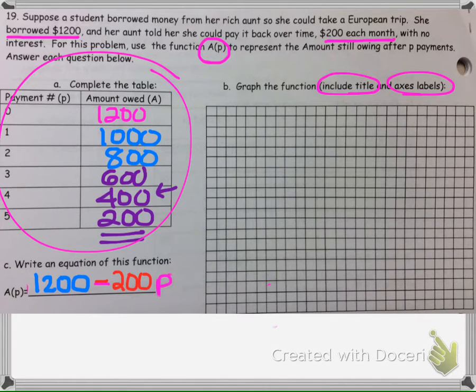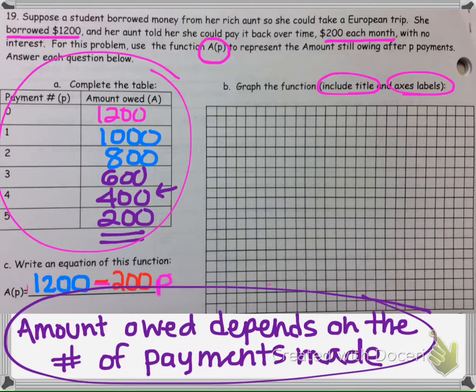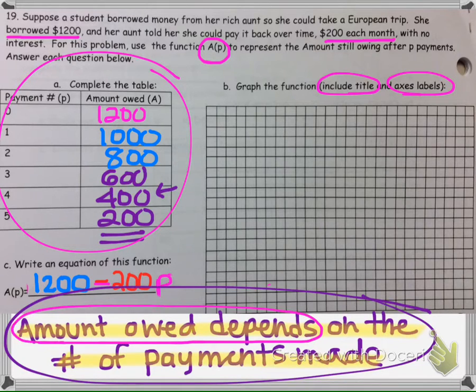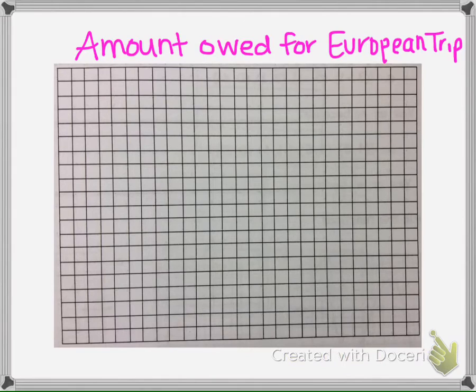So since the amount owed depends on the number of payments made, we know that the amount owed is the dependent variable here. The dependent variable is always the vertical axis, so the amount owed goes here, and then the number of payments would go here.